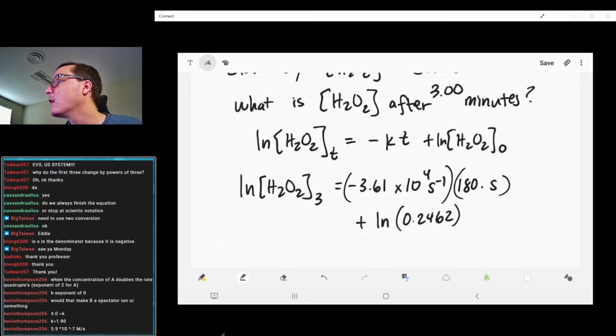How did I get a negative number here? Oh, of course it's going to be negative, though. Natural logs can't be negative, though. Kevin, what do you get for this? Apparently I can't do math. Everything looks like it's input correctly: negative 3.61 times 10 to the fourth times 180 plus natural log 0.2462. Kevin, tell me what you get.